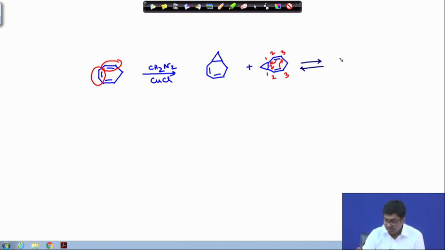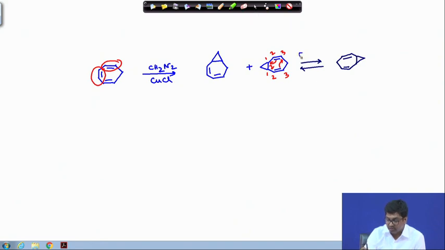So, if we count 1, 2, 3, 4, 5, 6, 7, the ring number remains the same, but we got the 3,3 sigmatropic rearranged product.